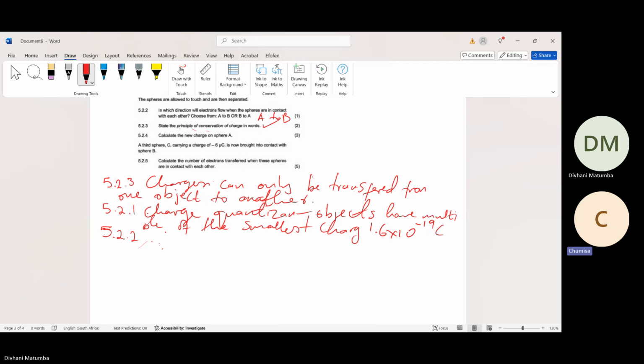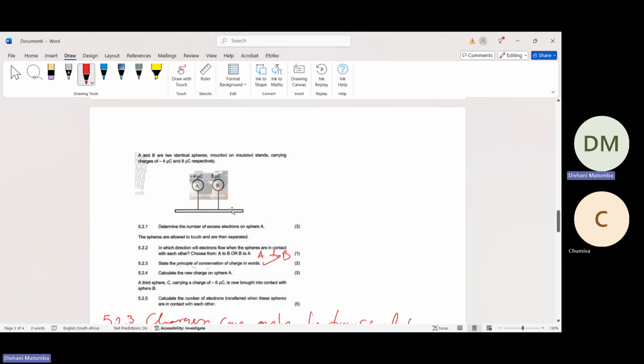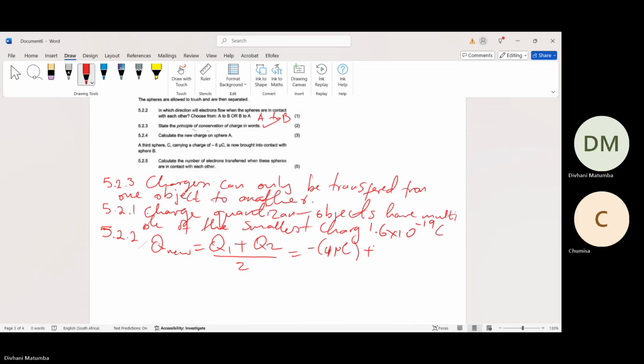Q new is equal to Q1 plus Q2 divided by 2. That's perfect. That's correct. So we have minus 4 microcoulombs plus 8 microcoulombs divided by 2.